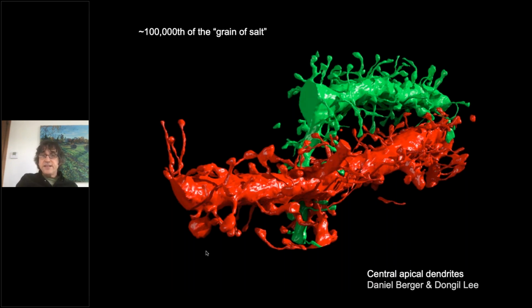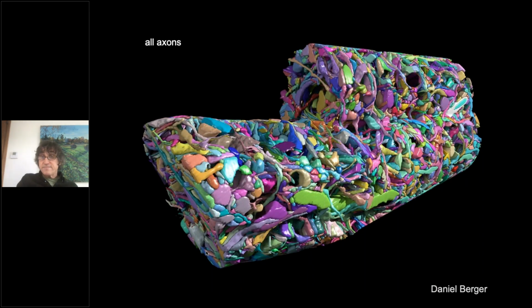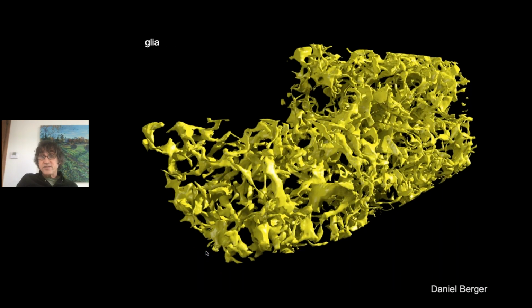And if you look at these tiny slivers of brain, around these two dendrites are sitting many other dendrites and many other axons and many other glia cells.